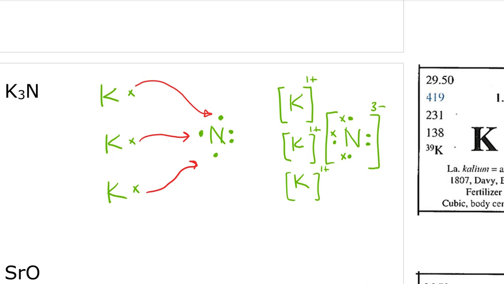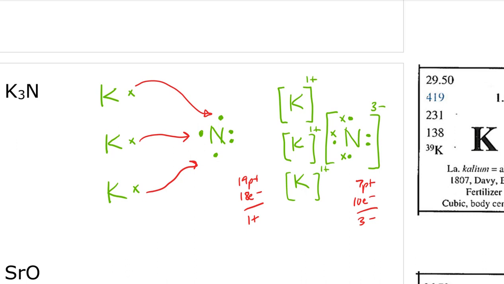If we look at the particles again, each potassium has 19 protons. After losing 1 electron, it has only 18 electrons left, and that gives us a charge of 1+, which is where that charge comes from. The nitrogen started out with 7 protons and had 7 electrons. It gained 3 electrons, so now it would have 10, and that gives us an overall charge of -3.